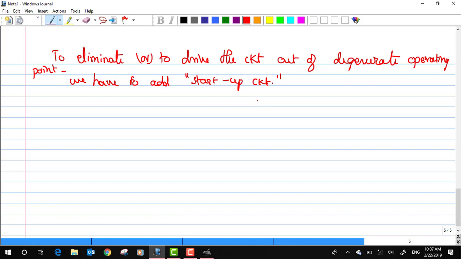So I will not specify what that circuit is. It is actually given as a part of your material, but as far as the syllabus is concerned, we are not going to discuss the startup circuit, okay?